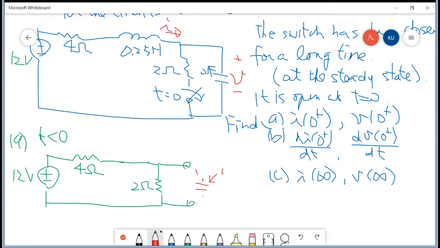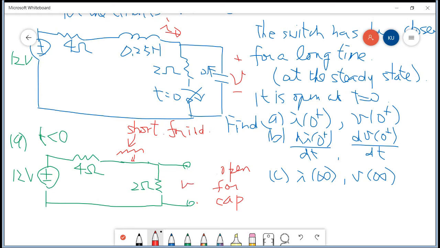So it becomes a single wire, and the capacitor is open. Actually, it is just open for capacitor, short for inductor.